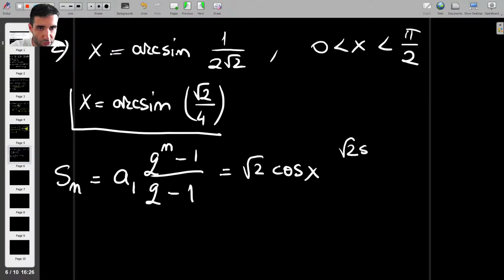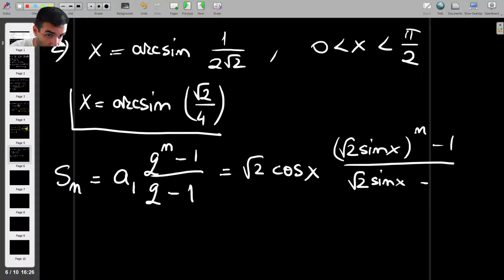So we have root 2 cosine x times ((root 2 sine x)^n − 1)/(root 2 sine x − 1). If this converges, essentially this term will go to 0.